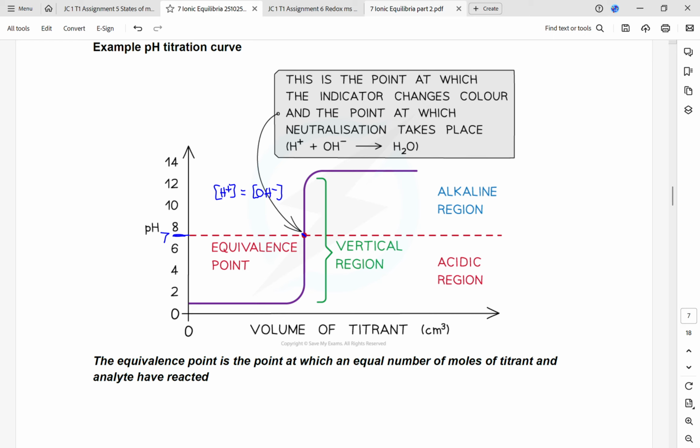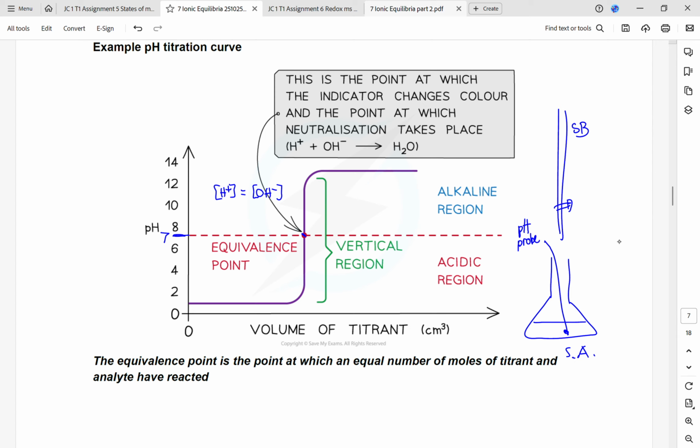Now, let's say in the beaker, you start with strong acid, and here you start with a strong base. So your pH meter will measure this first. This is the pH meter, the pH probe, an electronic thing.